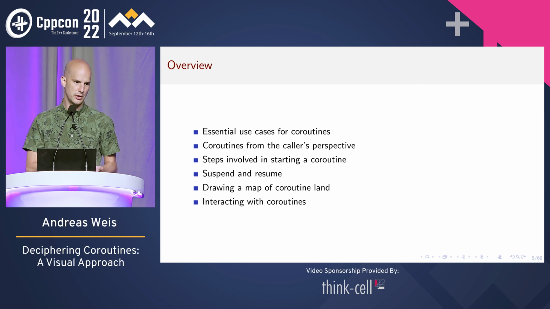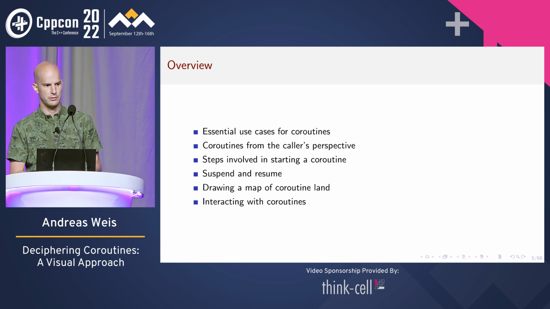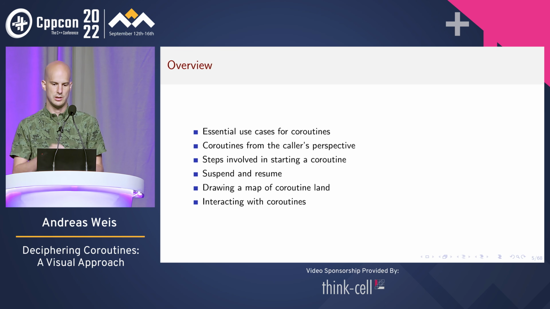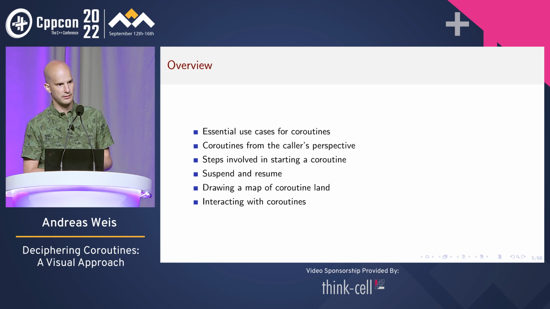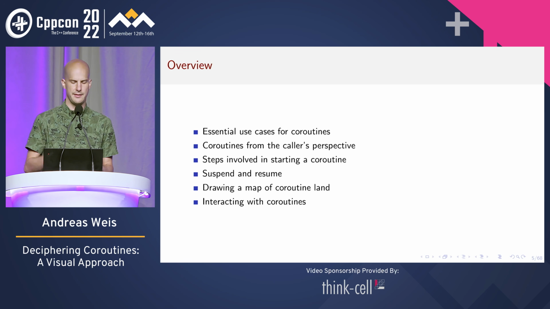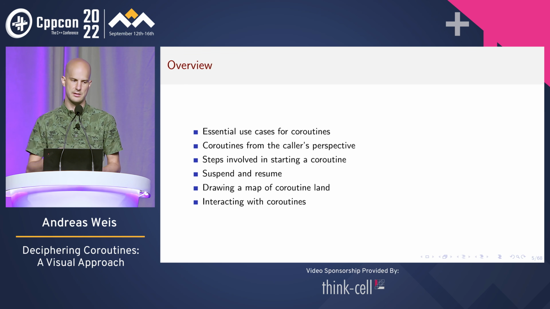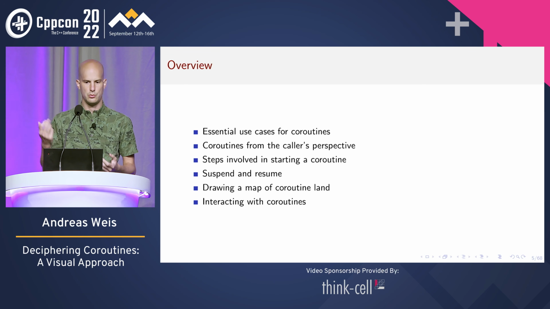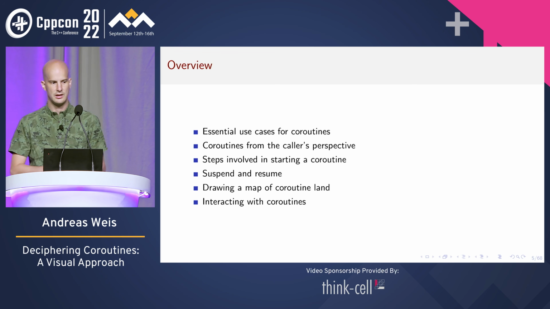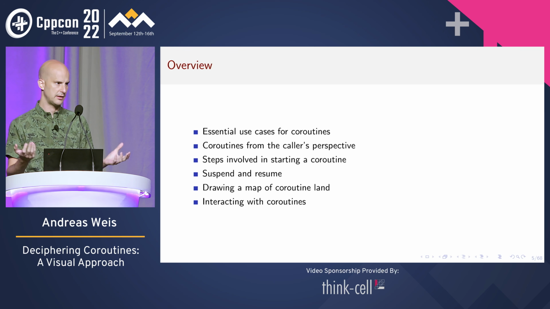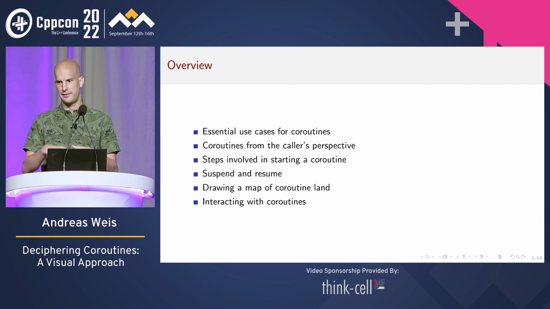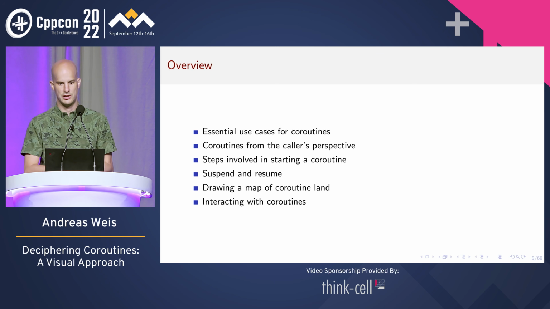So, a quick overview of what we're going to do today. We're going to look at some essential use cases for coroutines. We will look at what coroutines look like from a caller's perspective, and then we will actually go into a deep dive, dig down into the steps that are involved in starting a coroutine, how suspend and resume works, and then we will try to draw a visual map of coroutine land that helps us navigate this complex feature a little bit easier, which is also what gave this talk its name.